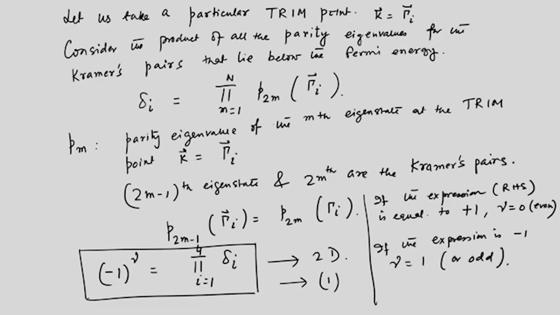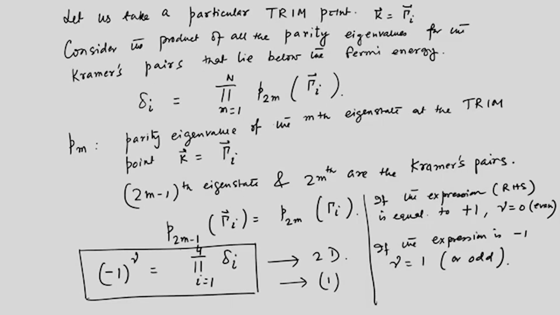So you see, these delta i's are plus 1 and minus 1. Over all the TRIM points, when you multiply, the product can either give you plus 1 or minus 1. If it is plus 1, then nu is equal to 0, or some even value, and if this product is minus 1, then nu is equal to 1, or some odd value.